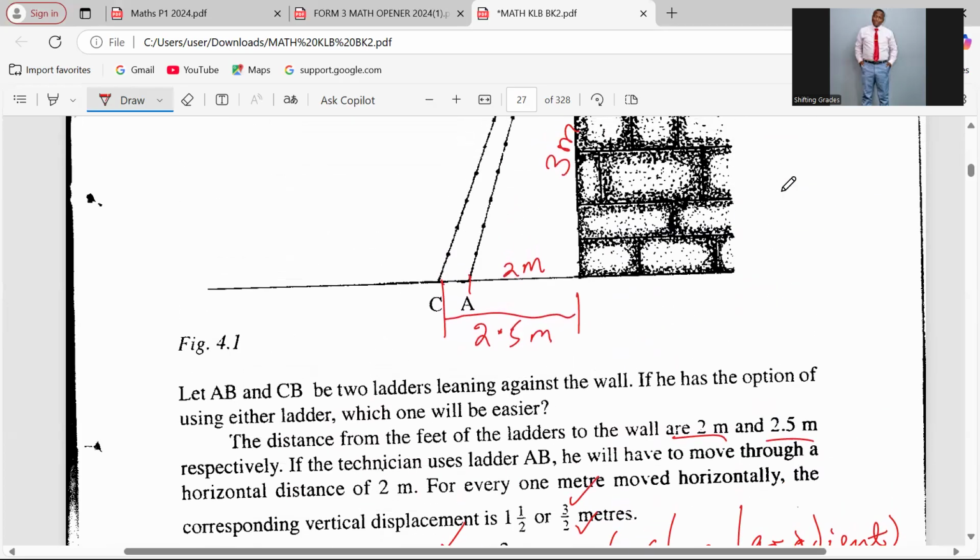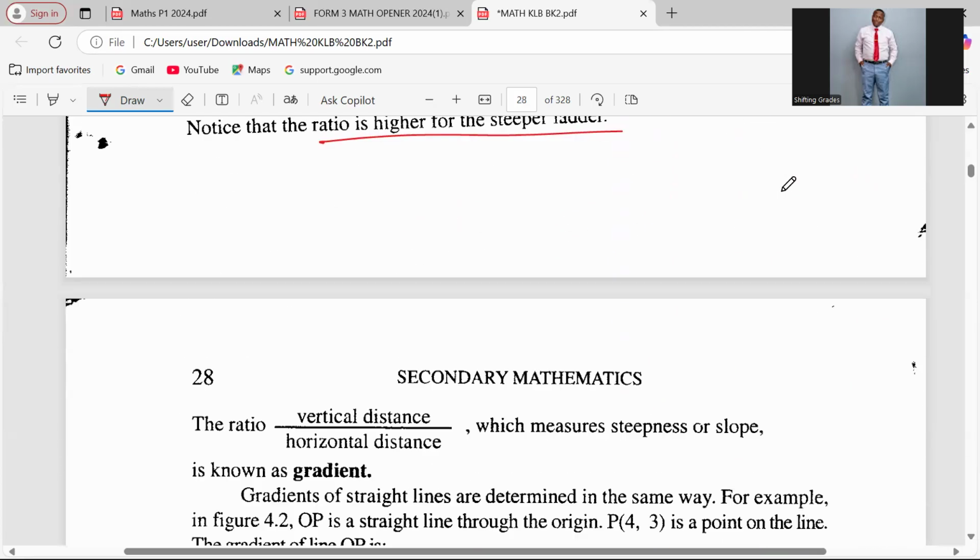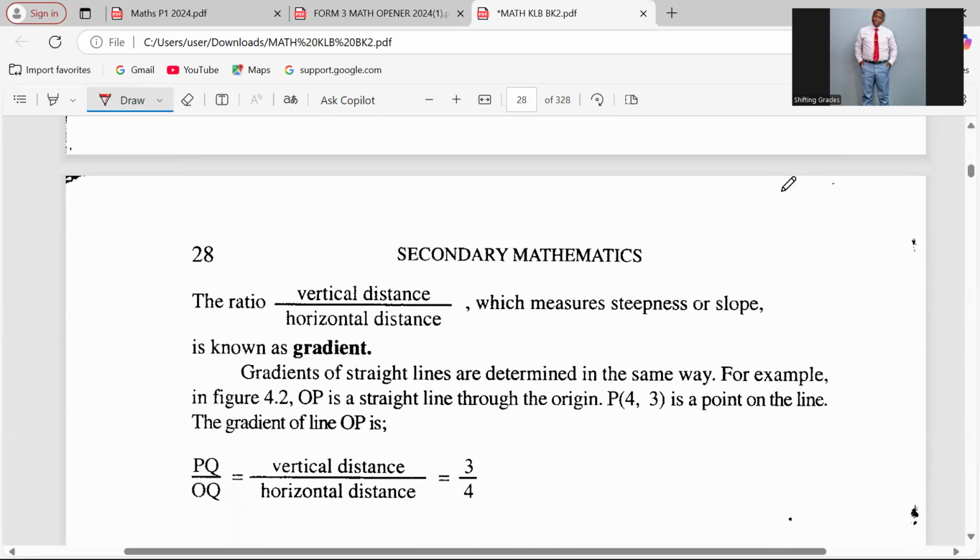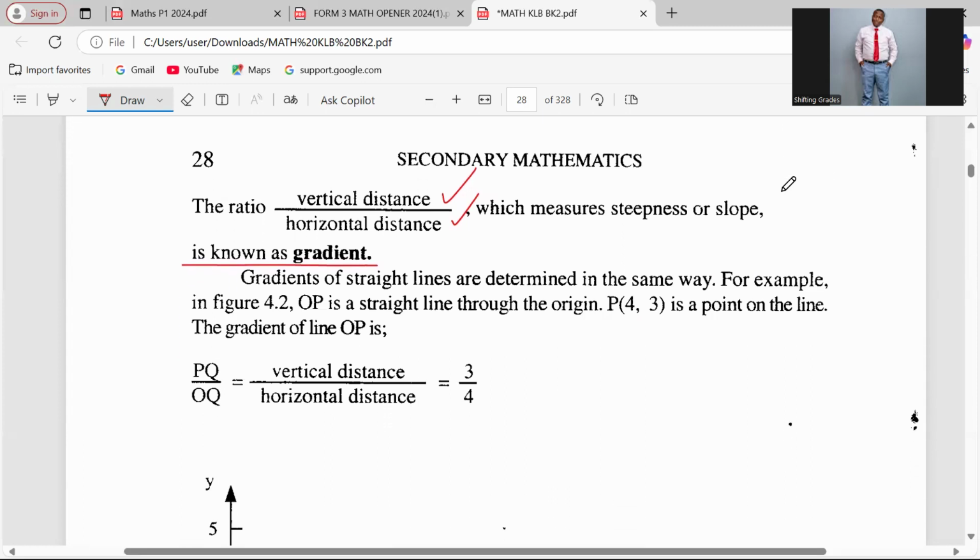That is why there is a steeper gradient for AB than for CB. So the ratio of vertical distance to horizontal distance is the measure of steepness or slope, and is known as gradient. So the basic definition of a gradient is the ratio of the vertical displacement to the horizontal displacement.